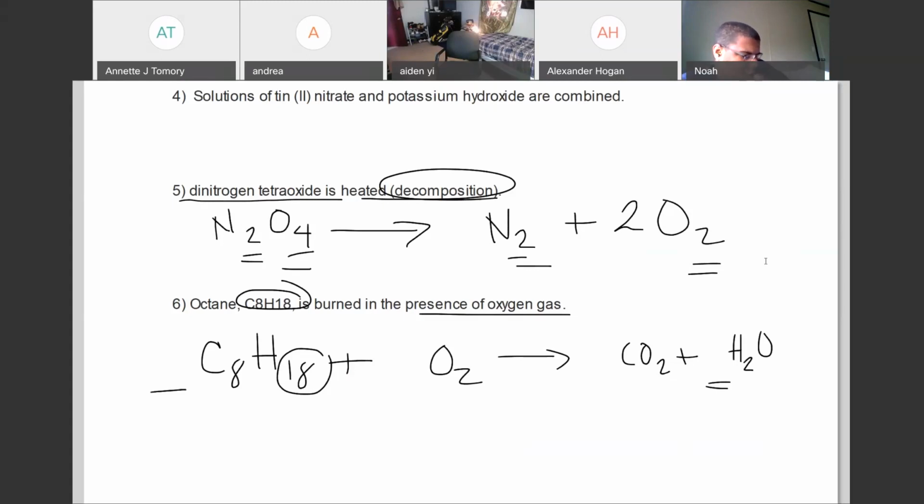What number am I going to want to put here to make this an even number when I put it over here? Put 2 for C8H18. That's right. You all kind of said it at the same time. So if I do that, how many carbons do I have now? 16. Okay, 16 over here.